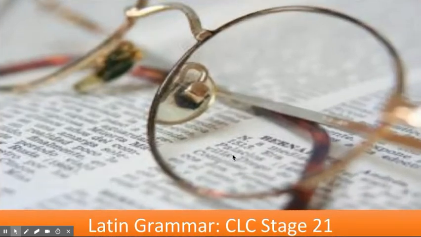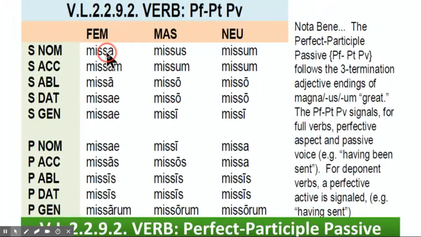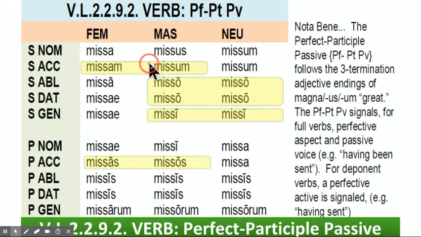Perfect participle, passive, it's a little different. It's formed off of our good old magnus, magna, magnum, first, second declension adjectives. It is a participle, which means it's a verb form. It looks a lot like the perfect indicative, except it's a little different. Instead of -i, -isti, it's -us, -a, -um.